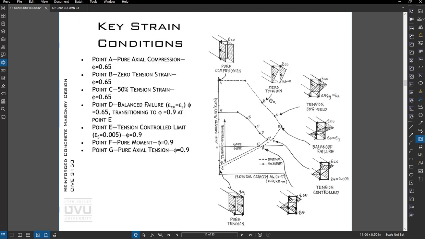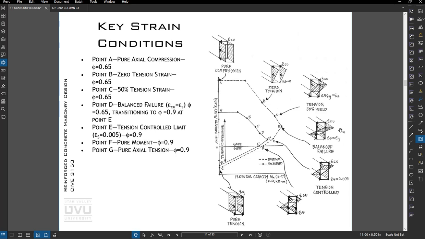Okay, we're going to look at some key strain conditions that will help us develop this interaction diagram. And yeah, it's tedious. The first is pure compression, which is pretty straightforward, phi 0.65. The second point is zero tension in the bar. The third point is 50% yield in the bar.